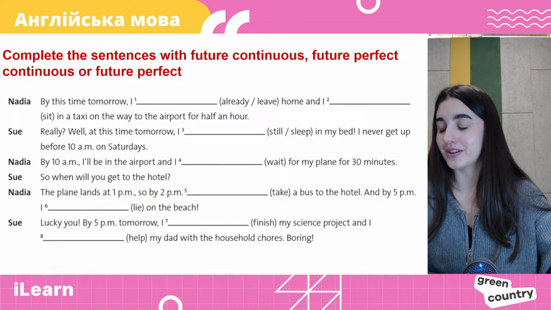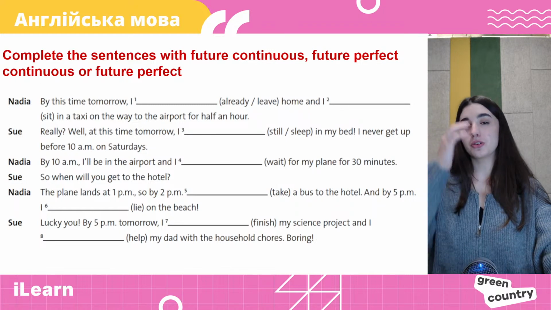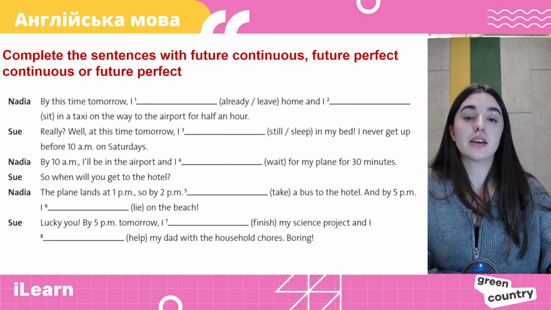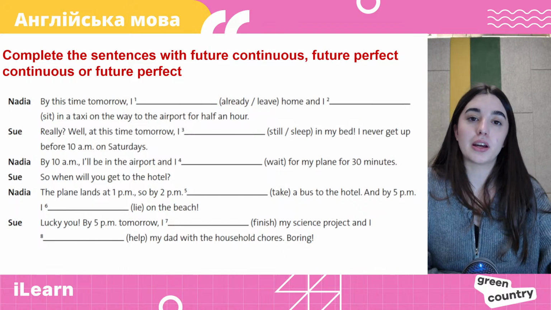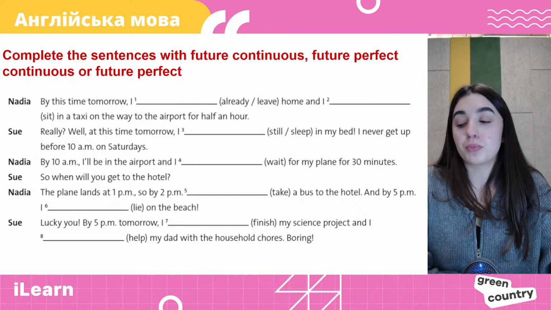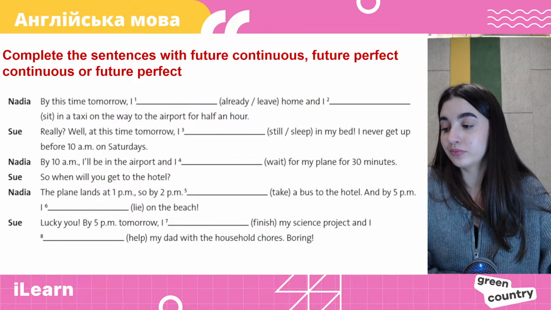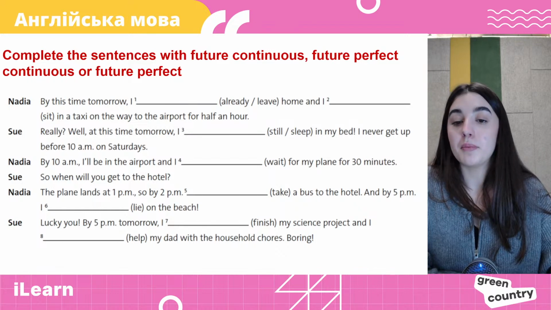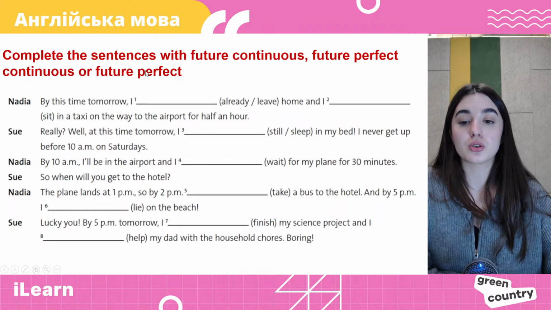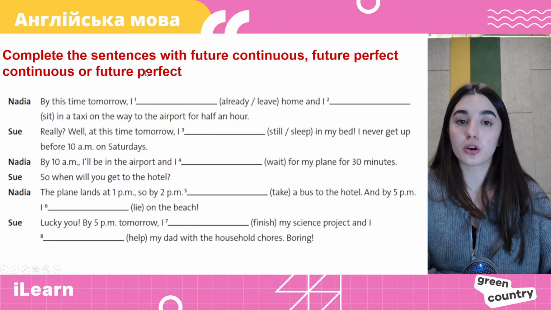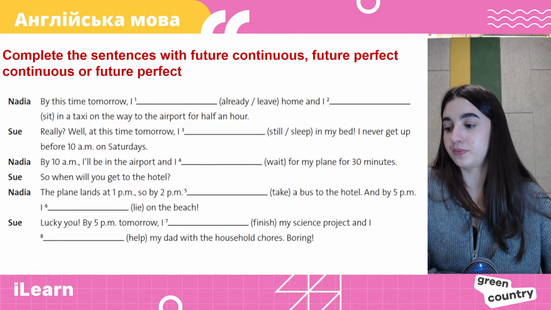I love that you are supporting each other, so please don't be sad that you made a mistake. It's okay. You just need some time to understand the topic and to practice more. Anna, pay attention. If you want to use future perfect, you need to use will, have, and the third form of the verb.